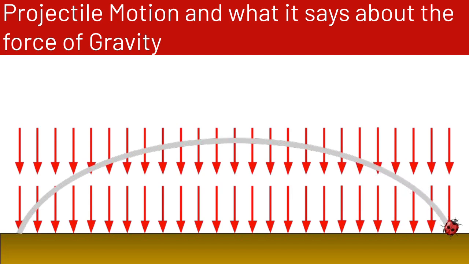So the gray line is the trajectory that the ladybug is taking, and the red lines, these are gravitational field lines. Notice that they are uniform and they're pointing down towards the surface of the earth. They're all the same distance apart and they are all the same length, which means that it's a uniform strength of gravity.